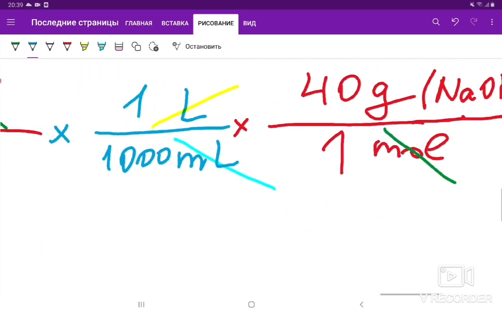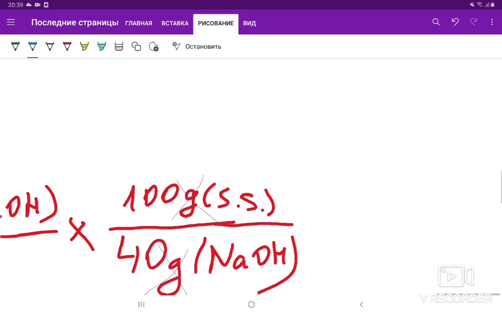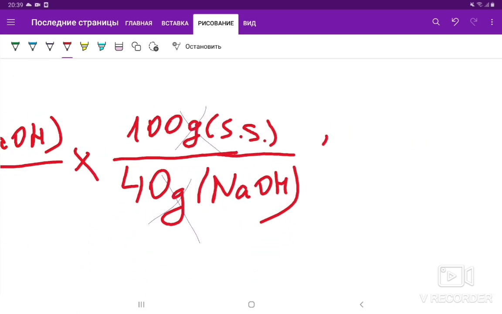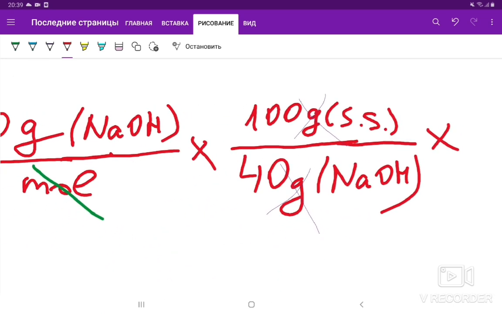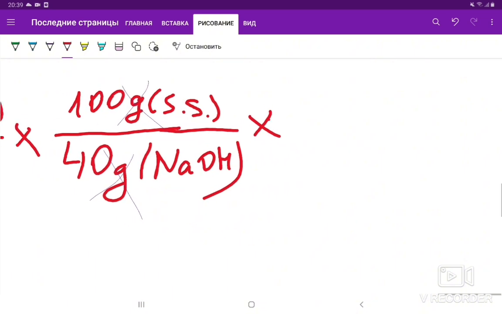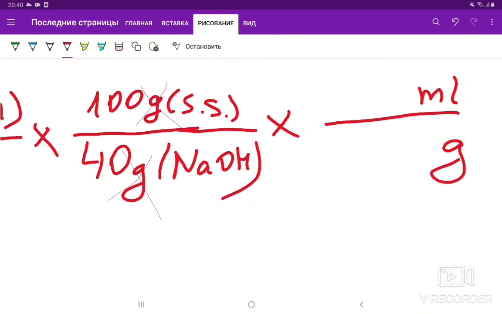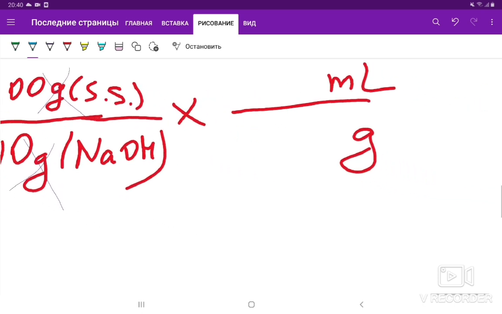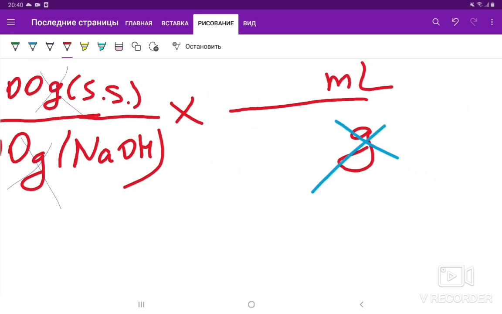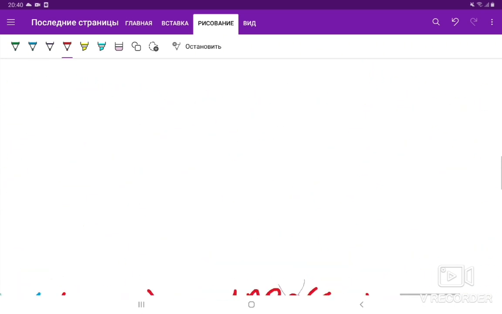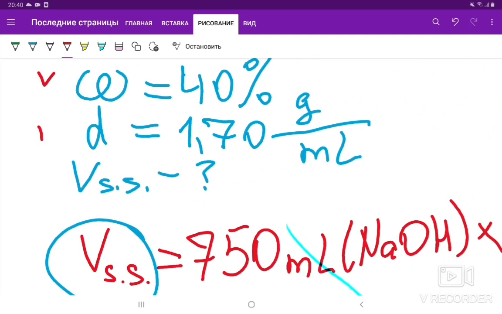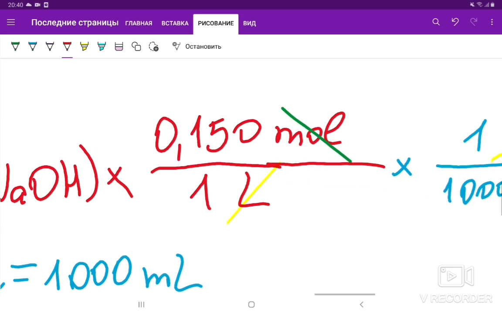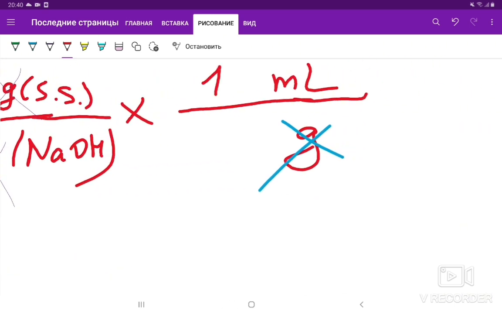So what we need to do, we need to multiply it to such a unit that would have gram here in denominator and milliliters here, so that this gram and this gram could be cancelled and milliliters would remain, and that is, you see, the density, 1.70 gram per milliliter. In 1 milliliter we have 1.70 gram.